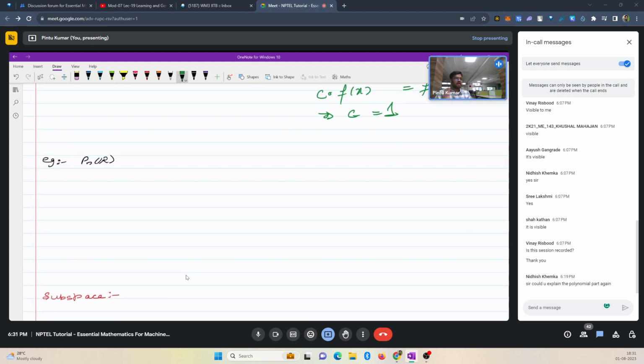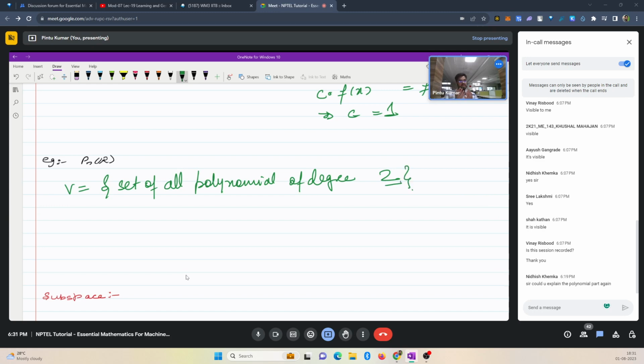So I began with this polynomial example, right? I'm giving you a set. Let's say we take V as set of all polynomials of degree 2.